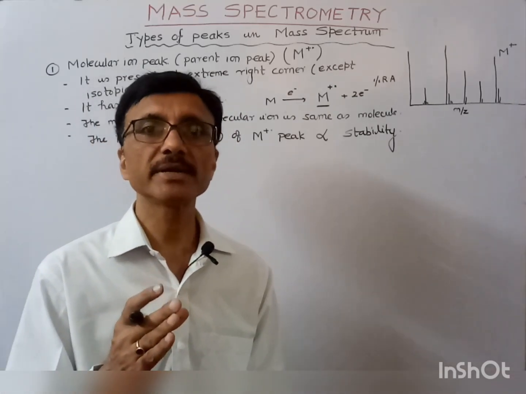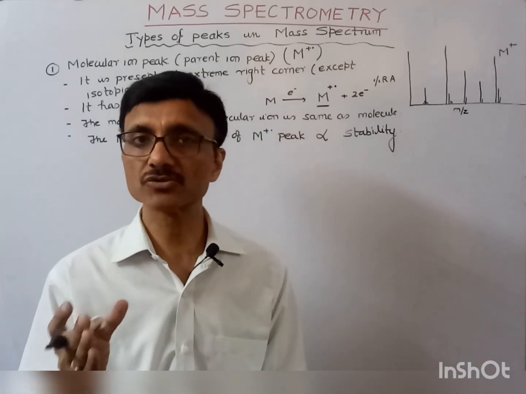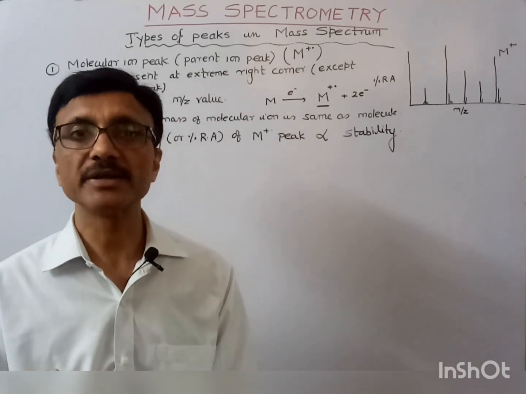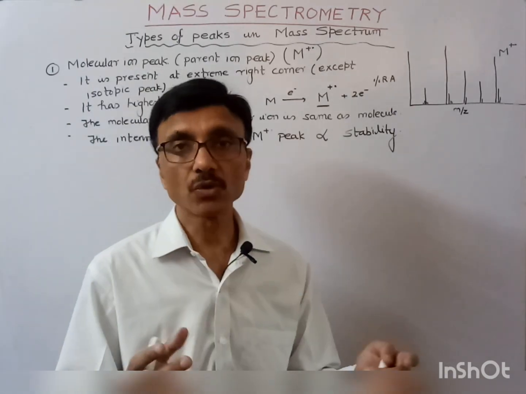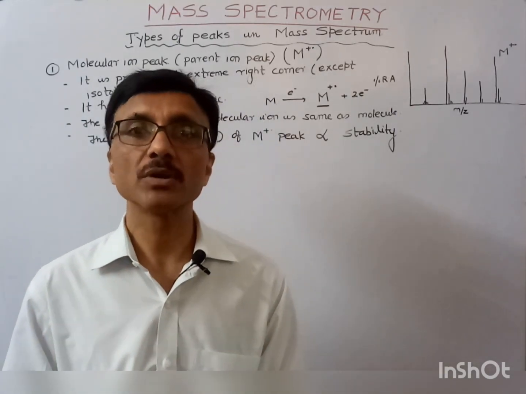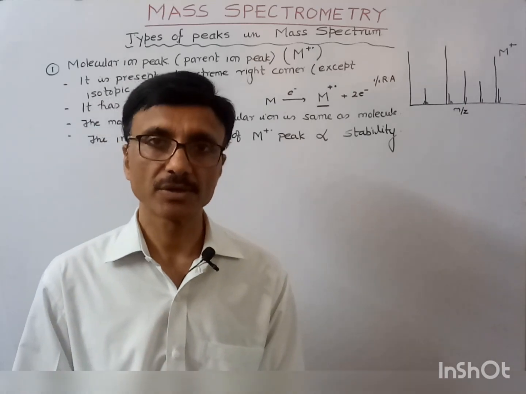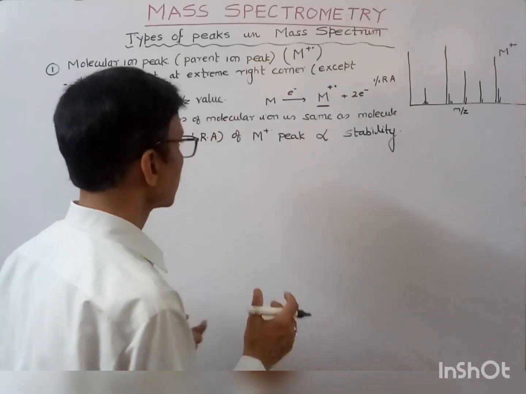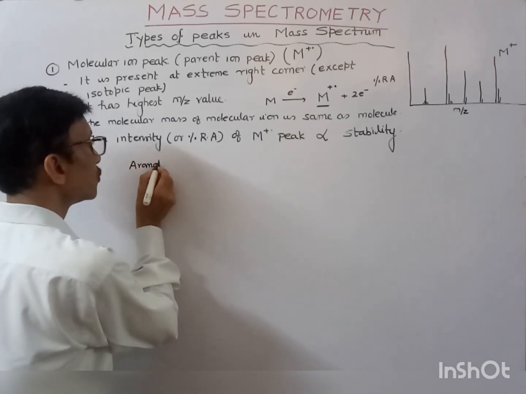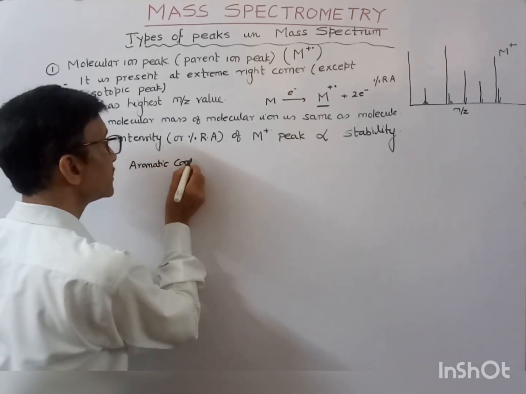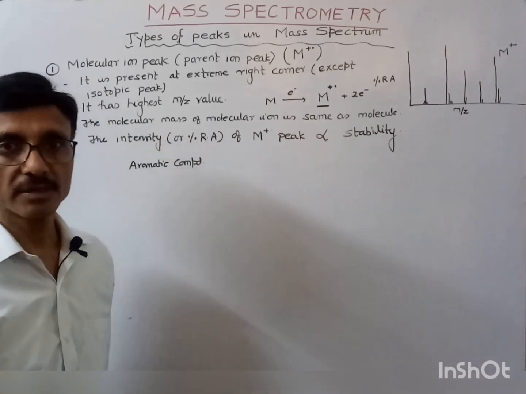Why? Because the aromatic compound is stabilized by resonance, and it cannot be fragmented further in the mass analyzer. And we also know that aliphatic alcohol undergoes dehydration. So the aromatic compound will show a very intense peak.